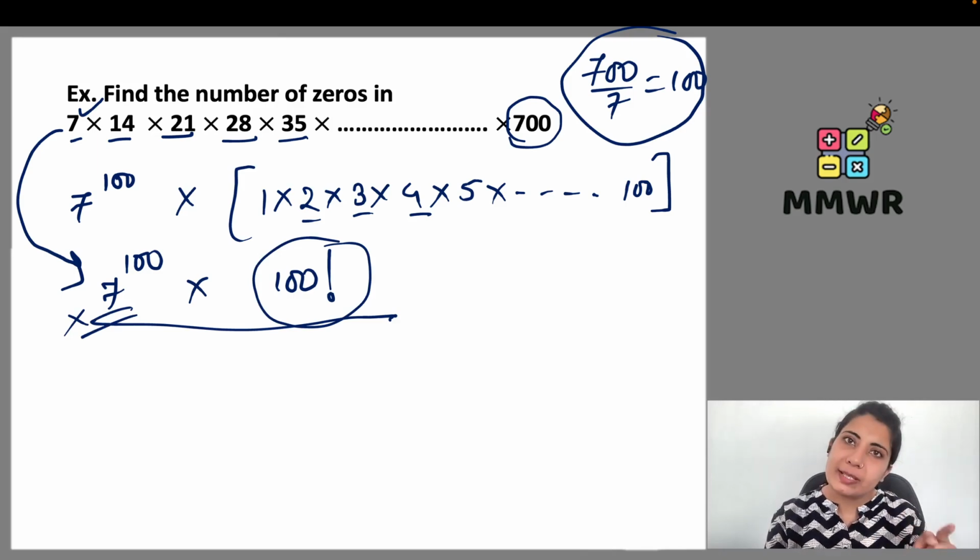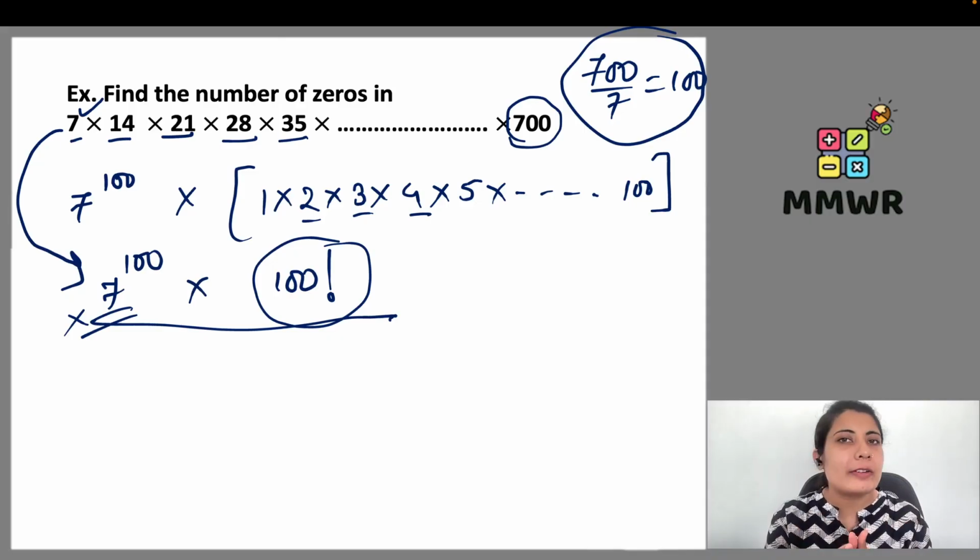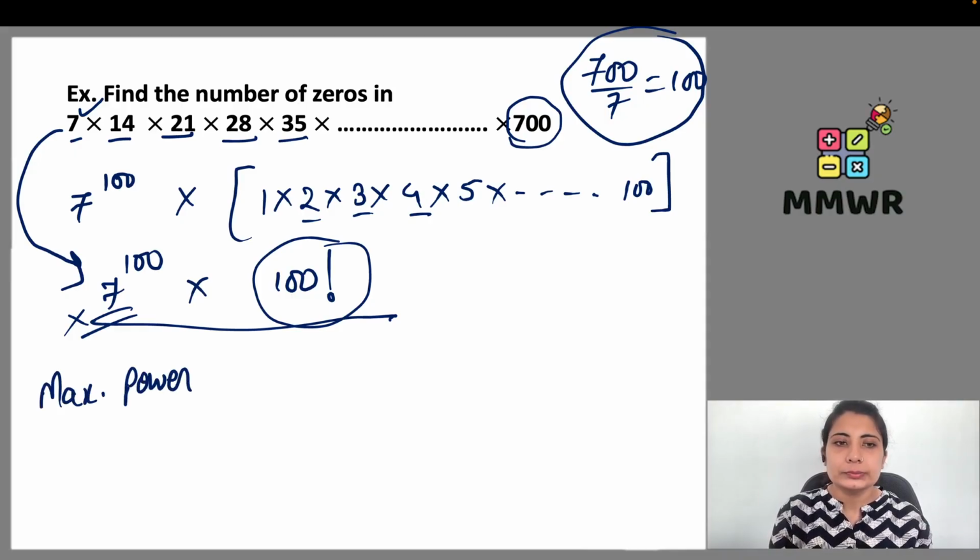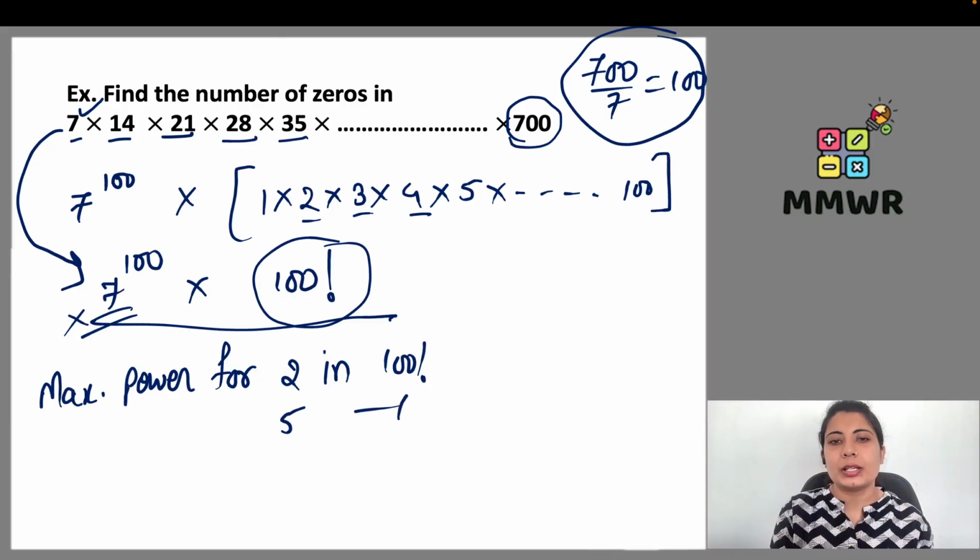We will find out the maximum power of 2 and 5 both. As we already know, the powers of 2 will be more in 100 factorial comparatively, but still if we want we can find out.